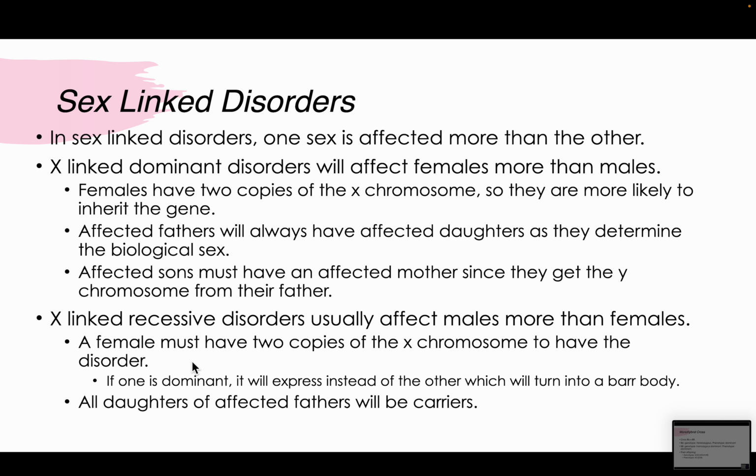I need either my mom to be a carrier or also have the disorder, and then I would need my dad to have the disorder in order for me to get it, because I have a built-in biological backup plan. However, males do not have a biological backup plan, since they have only one X chromosome.